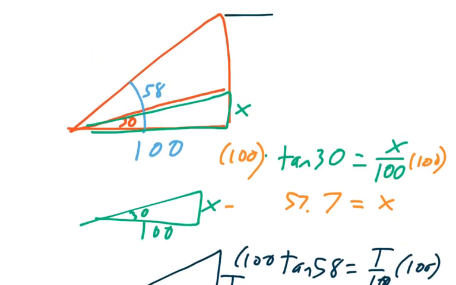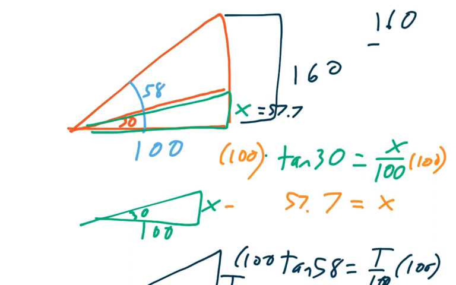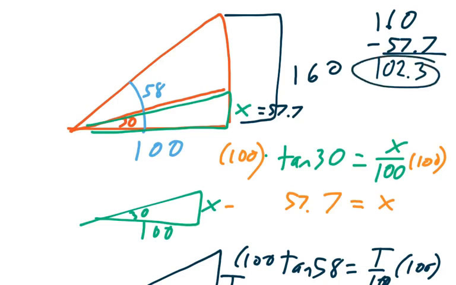So if this is 160 and this is 57.7, 160 minus 57.7 turns out to be 102.3. And that is the height of my tower.